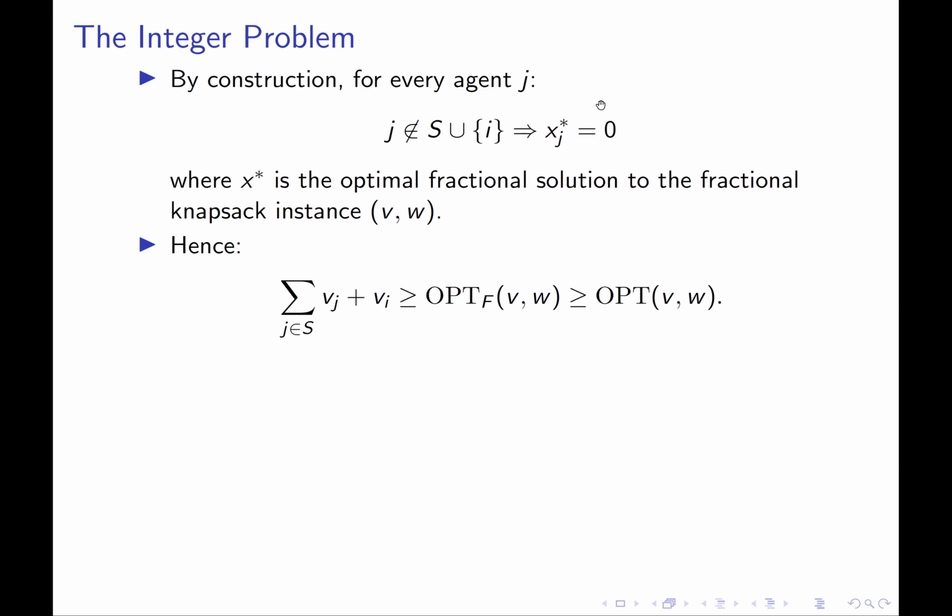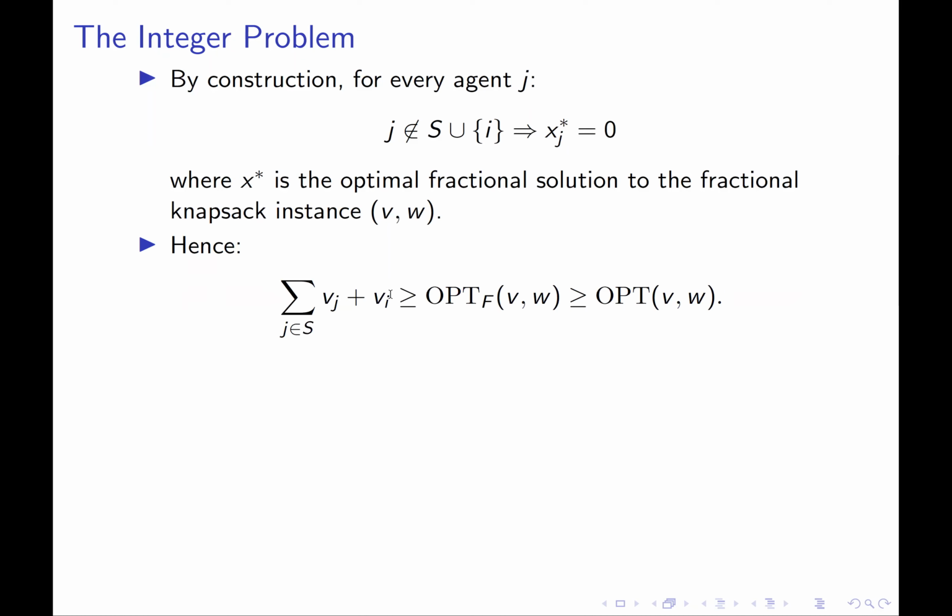And what that means is that if I look at the sum of these 2 values, the sum of the values of the people who got allocated both in set S and fully allocated in the optimal fractional solution, plus the value of bidder I, right? Bidder I might have gotten partially allocated in the optimal fractional solution.